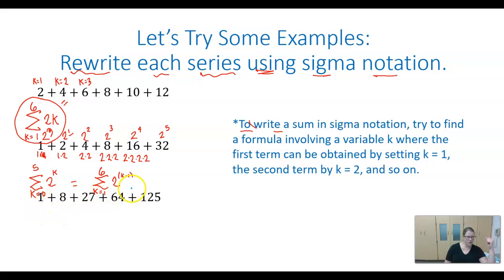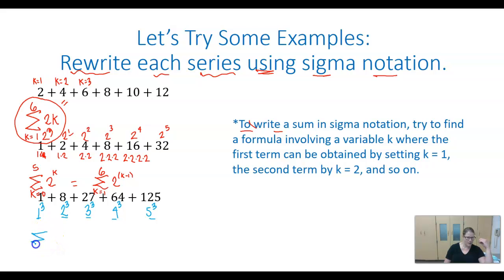It looks like these are cubes, so 1 cubed is equal to 1, 2 cubed is equal to 8, 3 cubed is 27, 4 cubed is 64, and 5 cubed is 125. So you really need to find that pattern, like what is actually happening, and then you need to see what numbers are going up one at a time, because that's going to be your index.